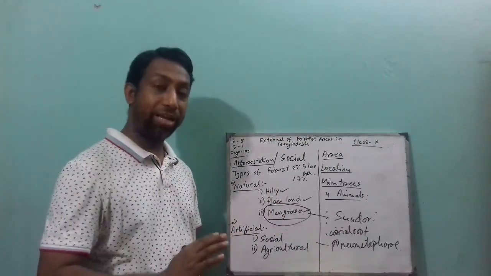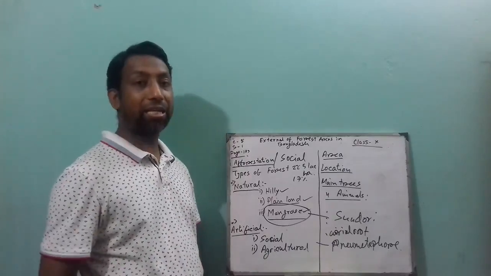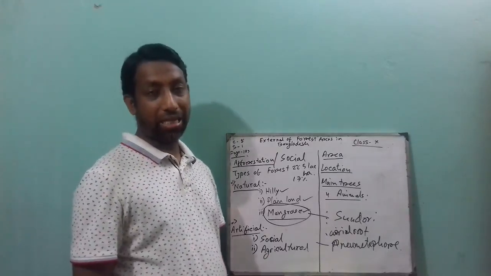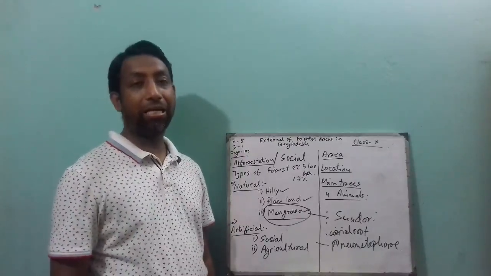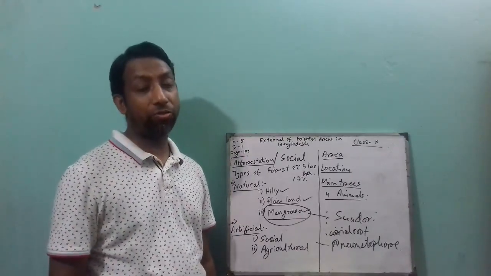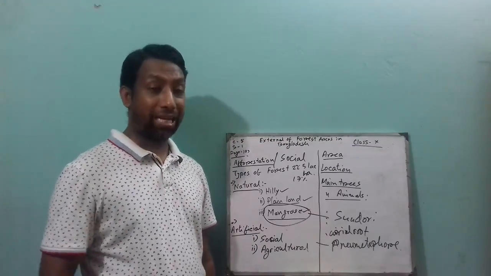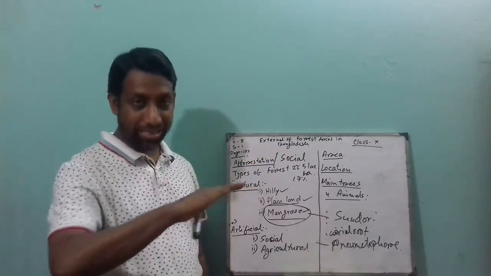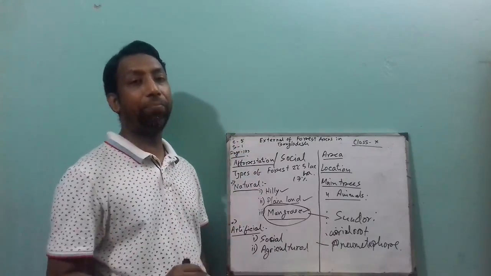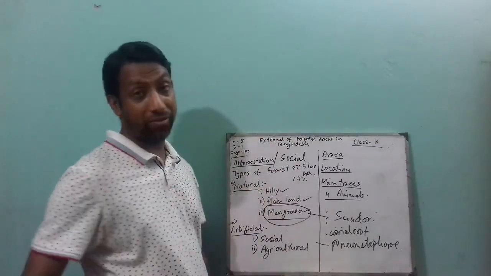They cultivate crops on the hilly area, and collect wood and furniture wood. There is a special cultivation called jhum cultivation or contour cultivation. They cut the hill area like steps and cultivate crops on those steps. That is called jhum cultivation in hilly areas.